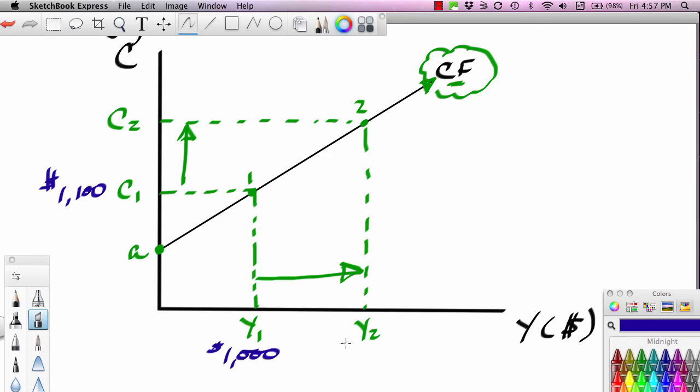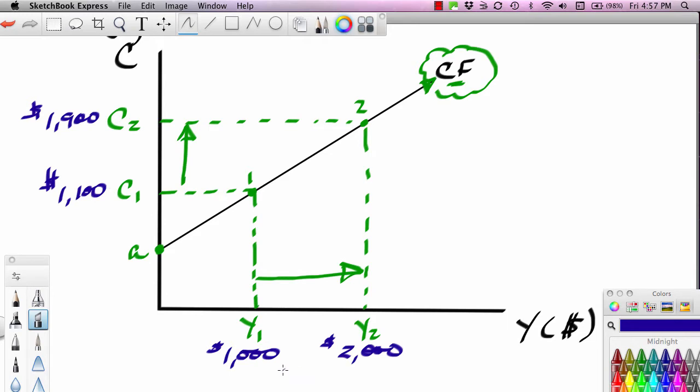Okay, and let's say that at Y2, income has jumped up to 2,000, but consumption has jumped only up to, let's say 1,900. So what we see at this higher income level, we've doubled the income level, we see that consumption has not increased dollar for dollar.